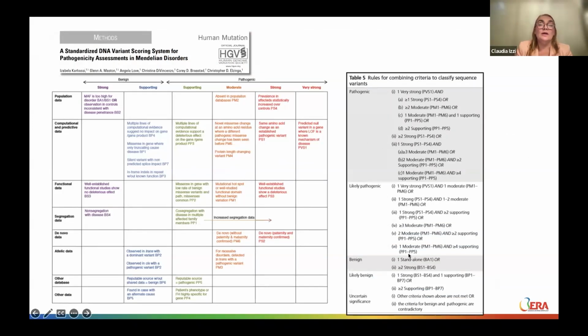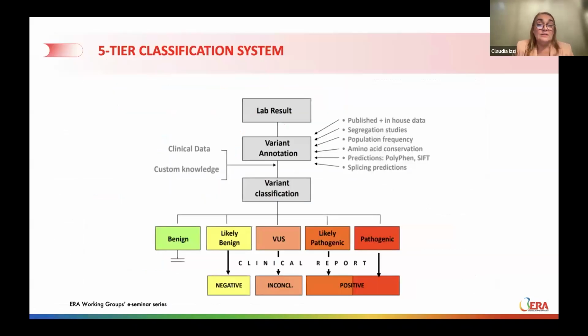And when we do not have these criteria, we will have a variant of uncertain significance. So this is a simplified 5-tier classification system. And again, the inconclusive results are difficult for clinicians to deal with.